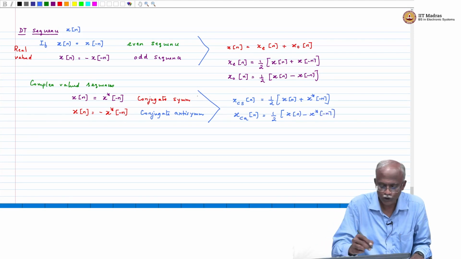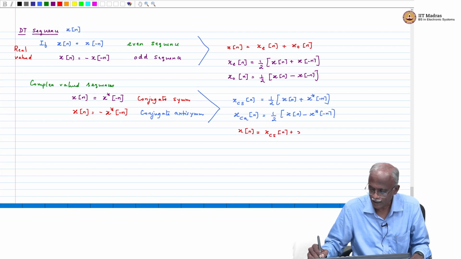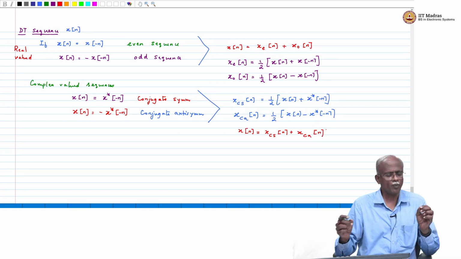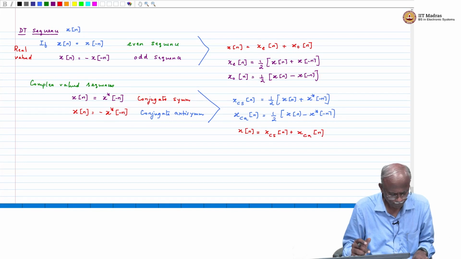And you can show that all complex sequences can be written as a combination of a conjugate symmetric part plus a conjugate antisymmetric part. Okay. Again, these properties will become useful when you want to study these signals.